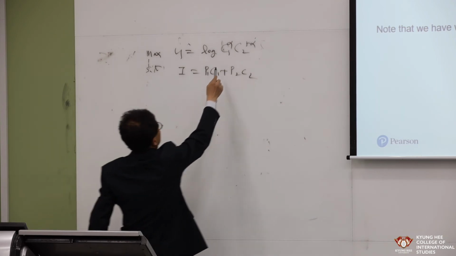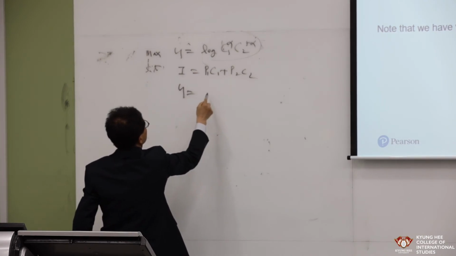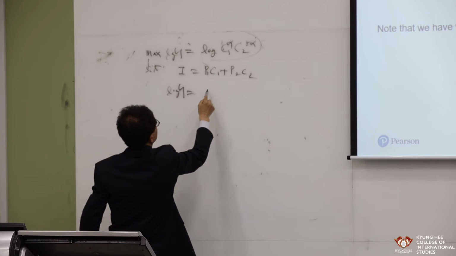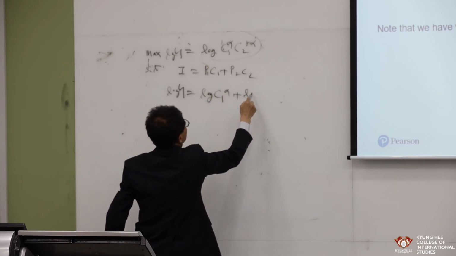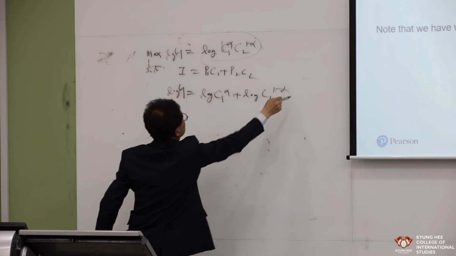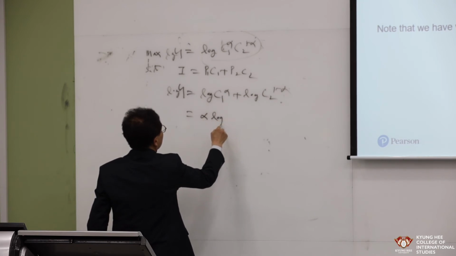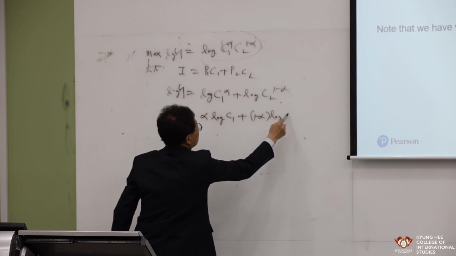Rewriting this function, the log utility is log C1 alpha plus log C2 1 minus alpha, or alpha log C1 plus 1 minus alpha log C2.